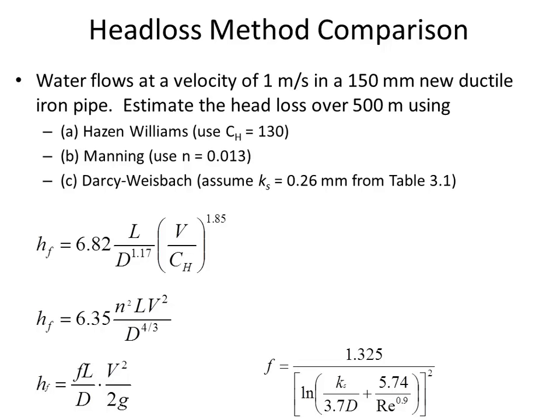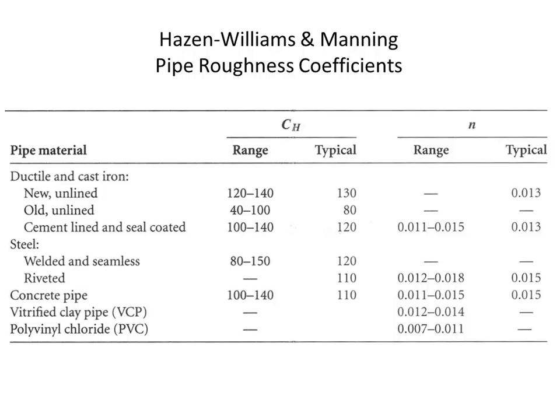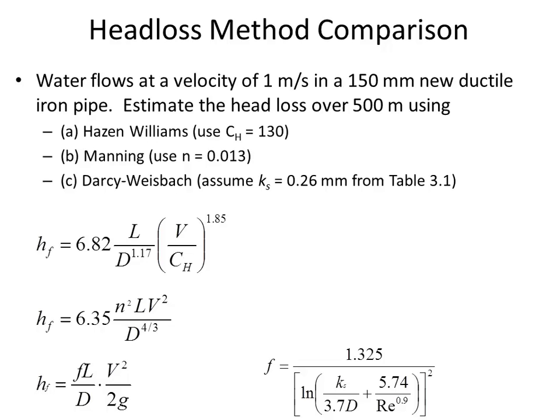All right. So if this is a ductile iron pipe, we can go back to the previous table and see ductile iron has a range of C sub H values, but a typical value of 130, and if we were using an N value, it would be 0.013. And so that's what we used as this typical value, the given N value in the Manning's equation.